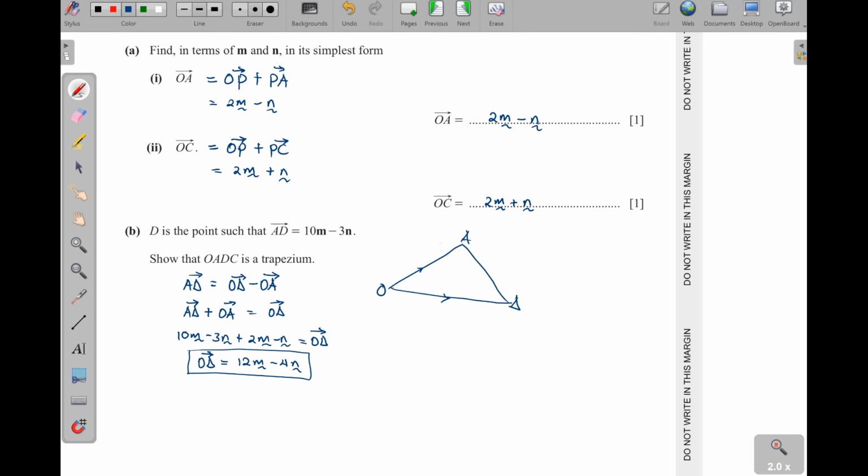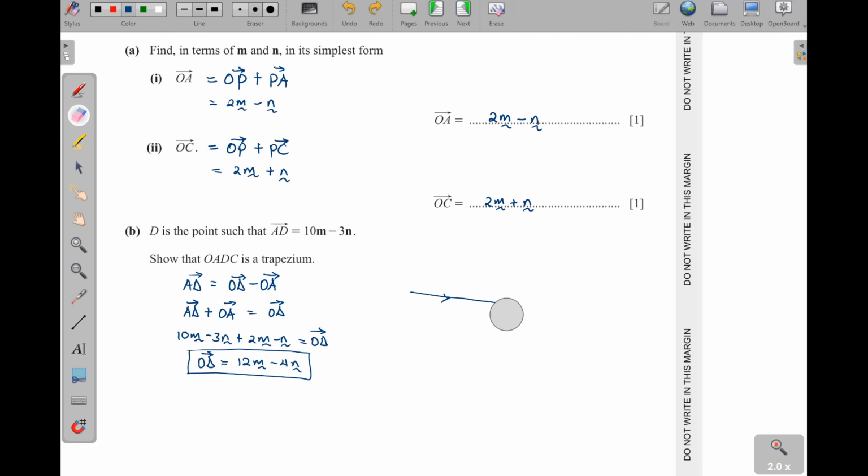Then, if this one is a trapezium, now we have OA. We also have C. Okay? We have C and D. Now, we need to look for the positions where D and C are going to be. Now, I'm going to remove this one here.